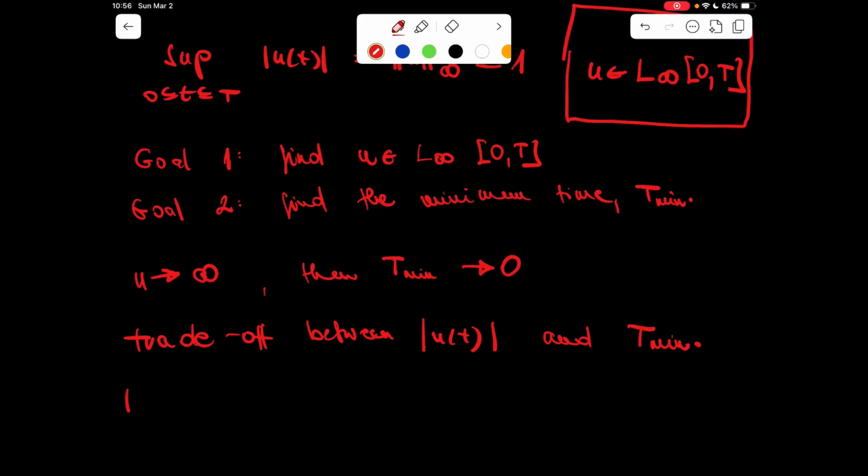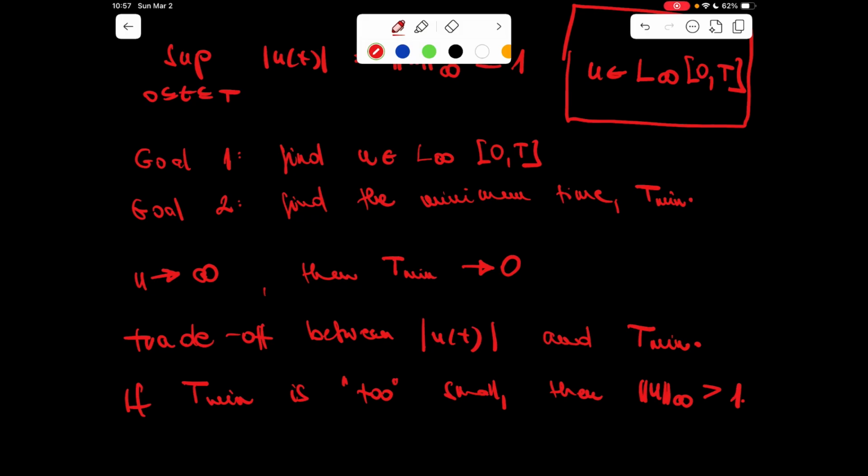So if the minimum time is too small, then the norm of the function, the control variable, might be higher than 1, which is not good. So the strategy is the following.